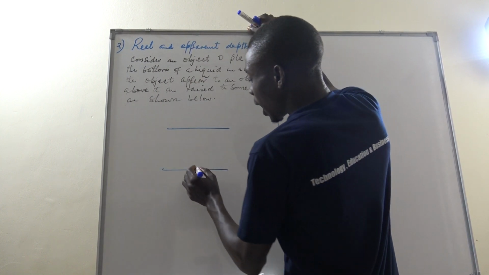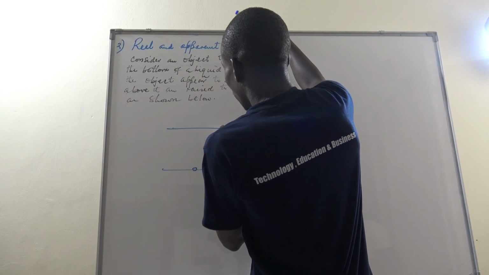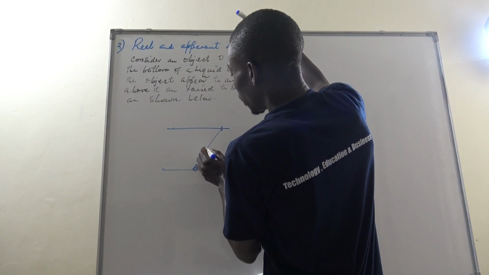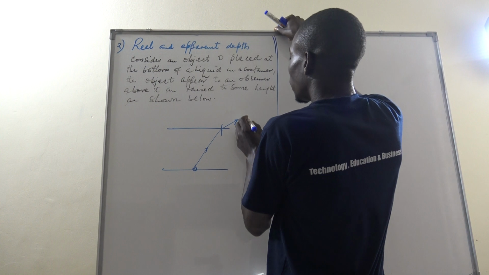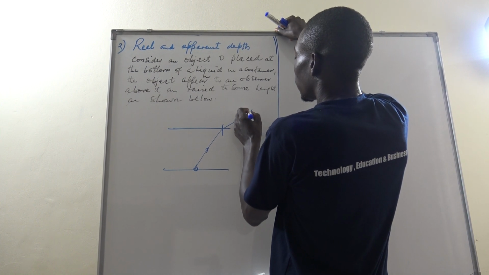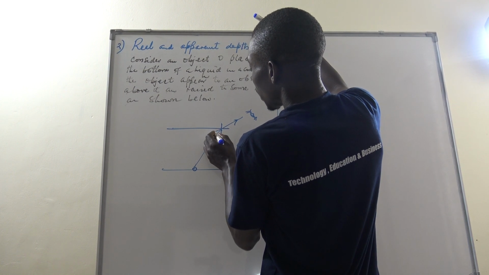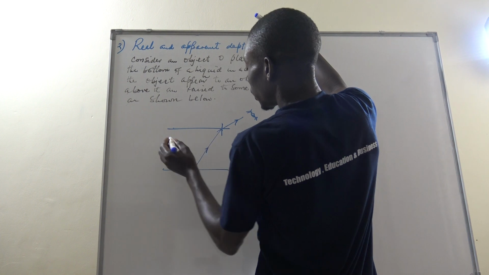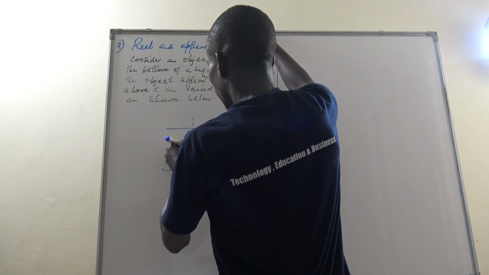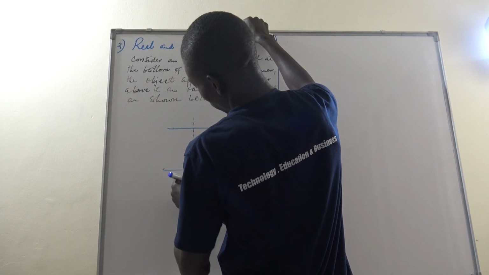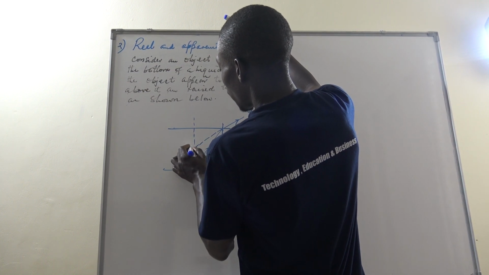If I have this, what actually happens when I have the object here? Rays of light will move from the object, be refracted here, and will appear to be coming from here.